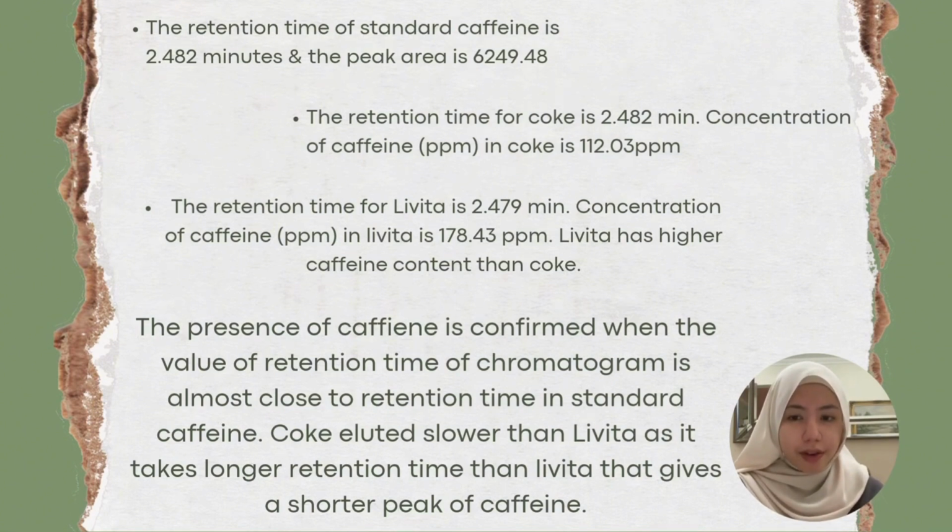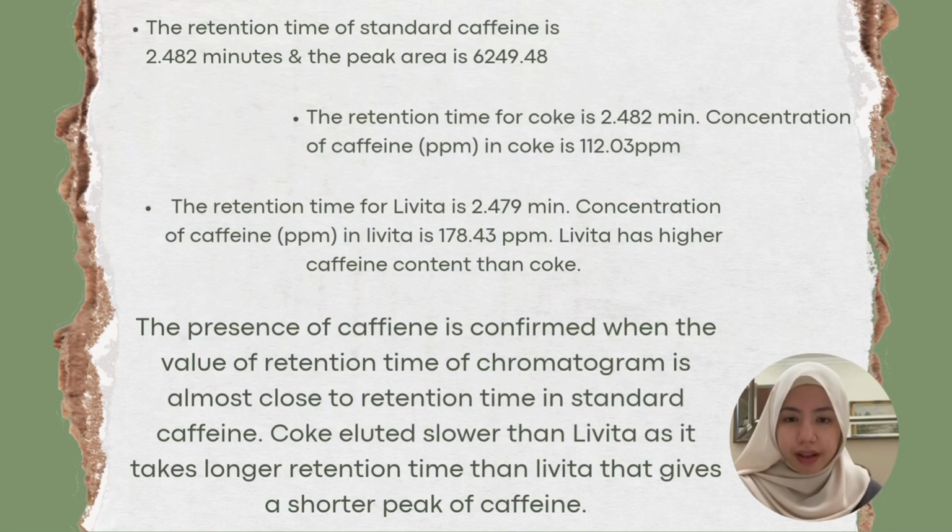The retention time for Coke is 2.481 minutes, and the concentration of caffeine in Coke is 112.03 ppm, while the retention time for Levita is 2.479 minutes, and concentration of caffeine in Levita is 178.43 ppm. From this, we can determine that Levita has a higher caffeine content than Coke.